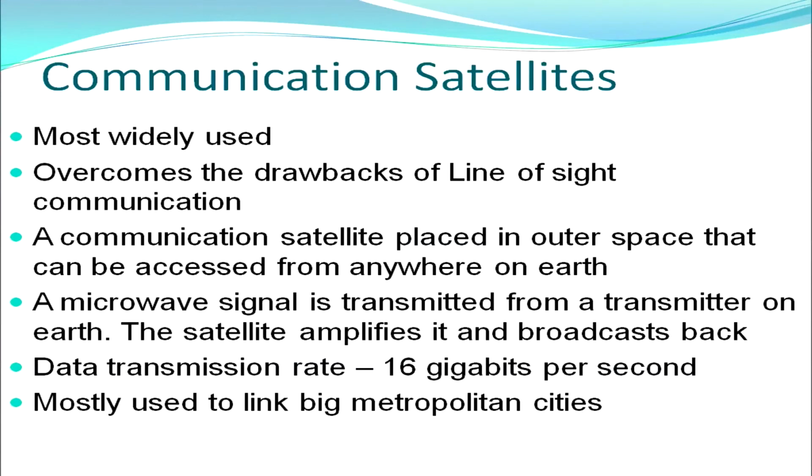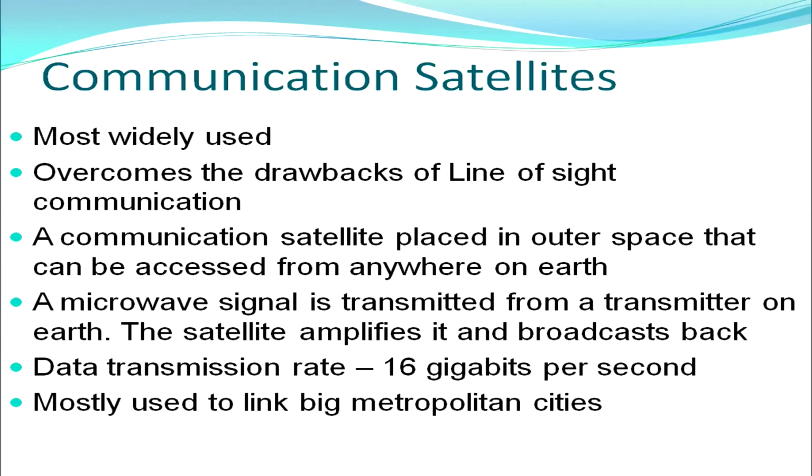Next, we move on to satellites, the most widely used medium, which covers the entire globe and overcomes the drawbacks of line of sight communication. This is because a communication satellite is placed in outer space, and since it is placed in outer space, it can be accessed from anywhere on the earth.